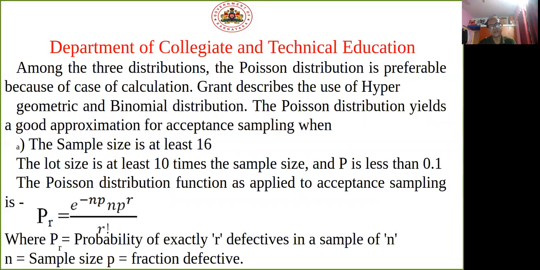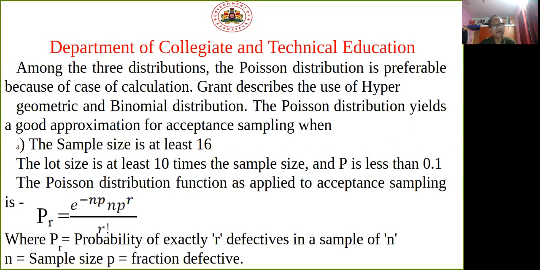The Poisson's distribution function applied to acceptance sampling is Pr equals e to the power of minus np into np to the power of r divided by r factorial, where Pr is the probability of getting r defectives in a sample of n, where small n is the sample size, and p is the fraction defective.